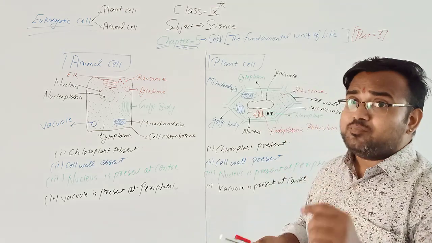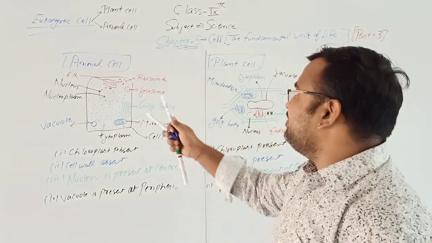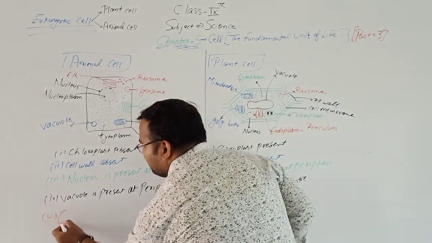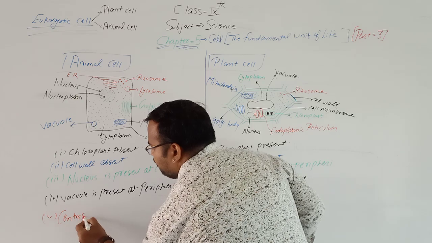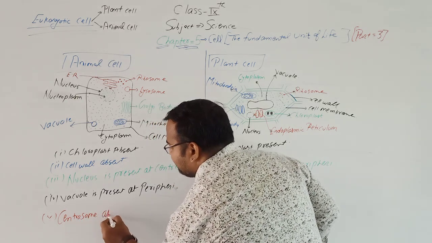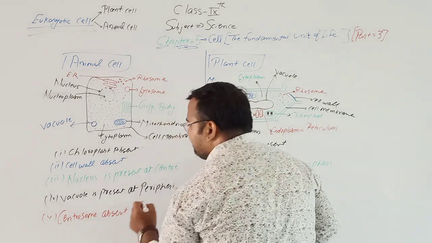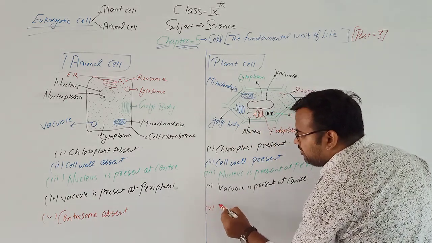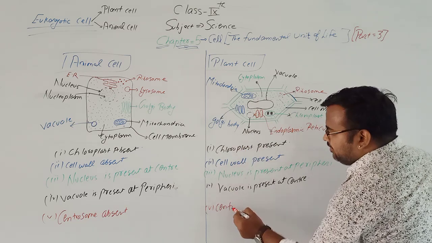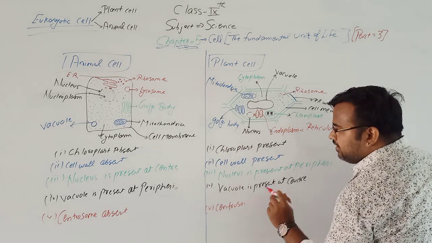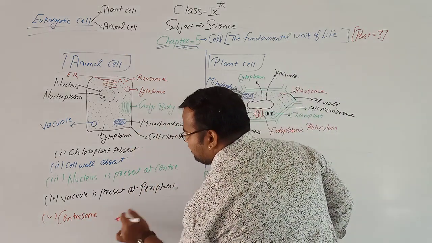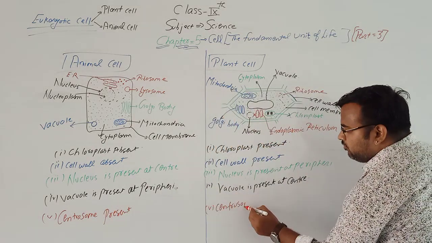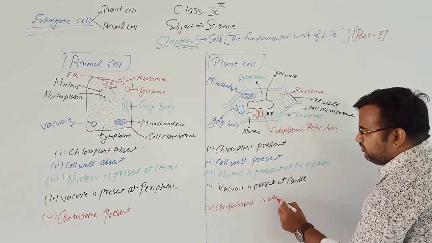And one more point we can write in case of animal cell and plant cell: centrosome absent here and centrosome present here. Sorry, in animal cell centrosome is present and in plant cell centrosome is absent. I will tell you what is centrosome.